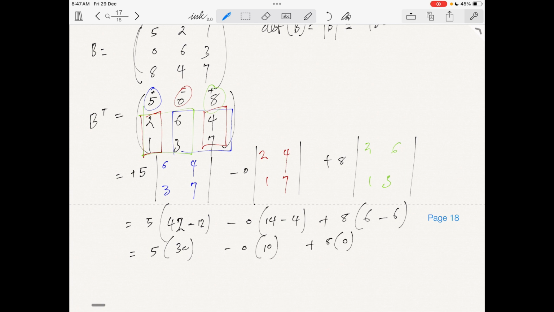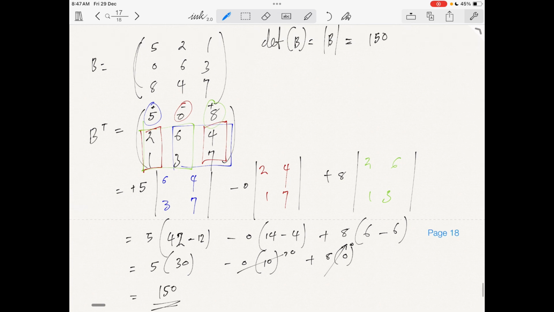Obviously the last two cancel out, so we have 5 into 30, which is 150. And we can see that the determinant of B transpose is the same as the determinant of B. Now this works for a square matrix.